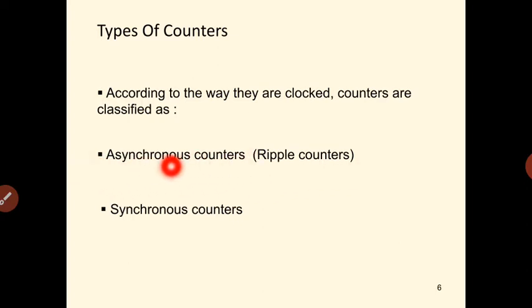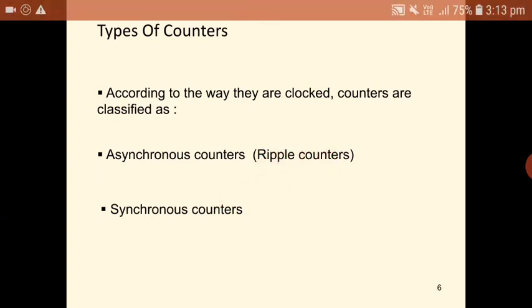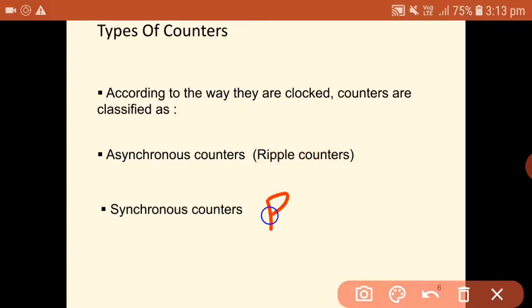First one is asynchronous counters. Second one is synchronous counters. The best example for asynchronous counters is the ripple counter, and the example for synchronous counters is the ring counter.